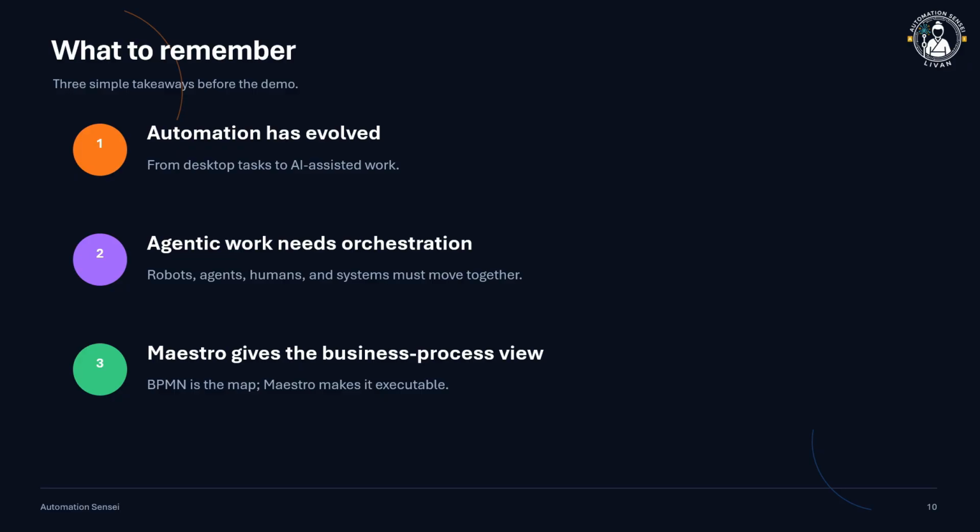In that case, UiPath Maestro helps us model and execute those end-to-end business processes using BPMN. It gives us a very clear and intuitive way to build all these components and execute them together. So in the next video, we will start looking at Maestro more practically and delve deep into each component at a time.